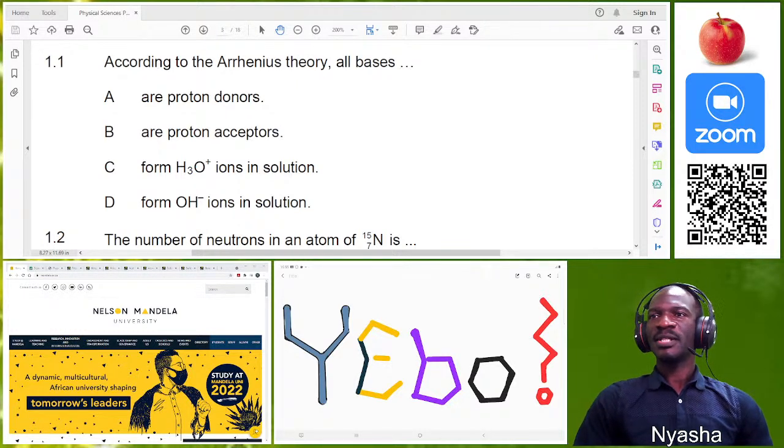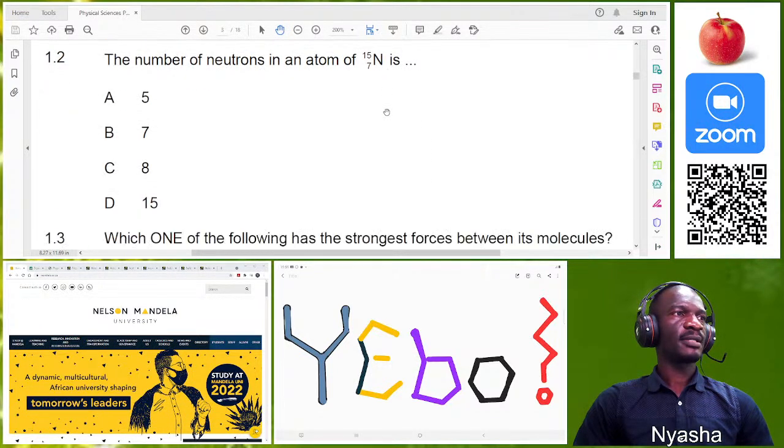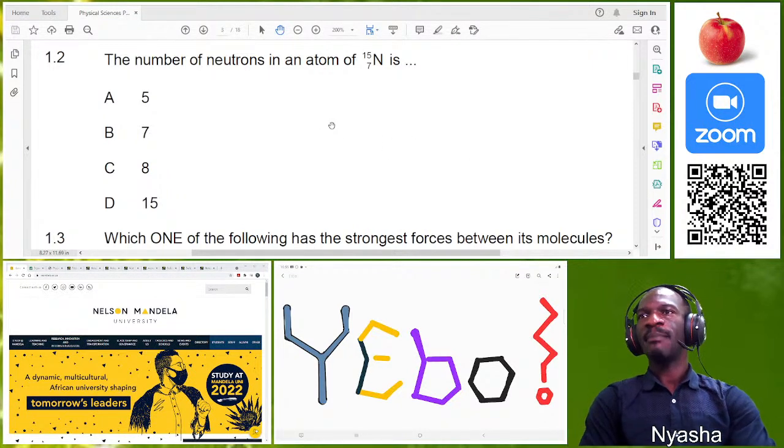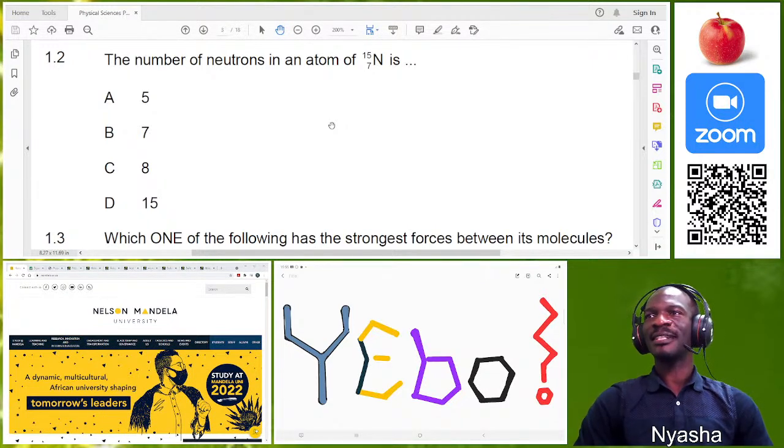Question 1.2 reads, the number of neutrons in an atom of nitrogen-15 (nitrogen 7, 15) is. So we have to complete that sentence.